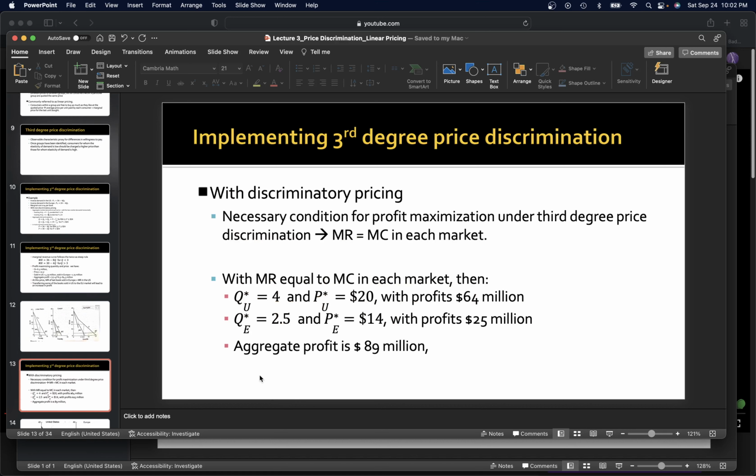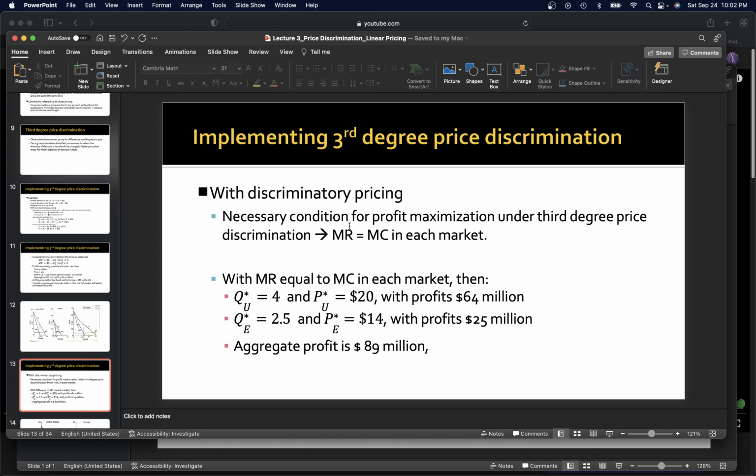All right. Now let's talk about discriminatory pricing. Instead of maximizing only over the aggregate demand or aggregate marginal revenue, because we're assuming that they cannot arbitrage, and we can identify US versus EU consumers, we can now set a different price for each group.